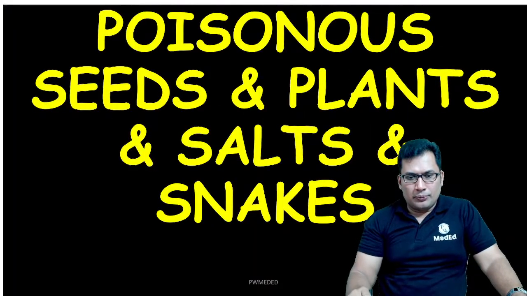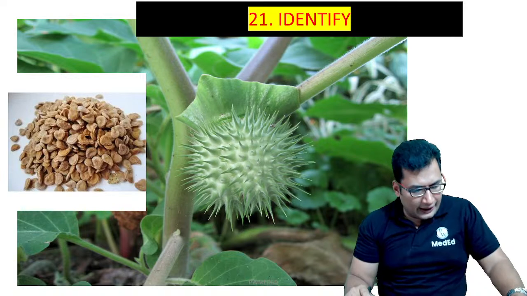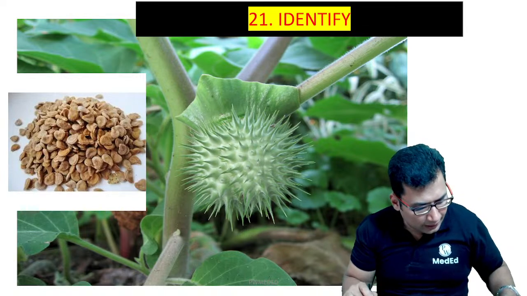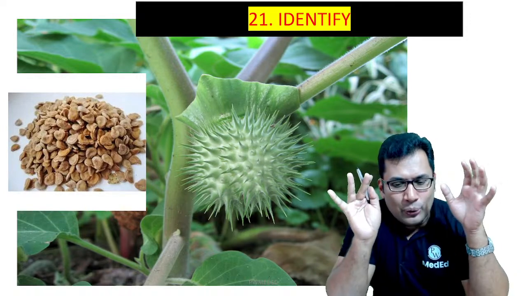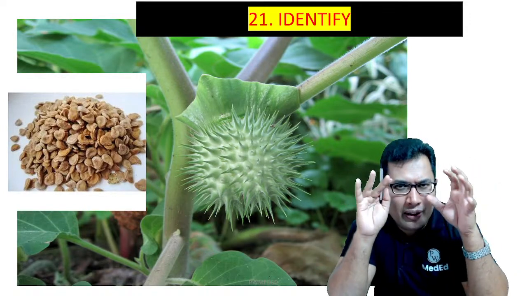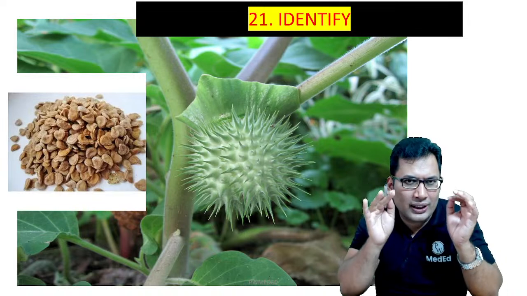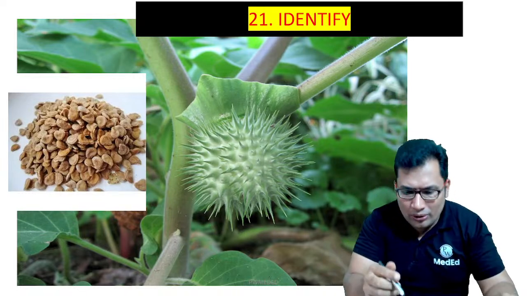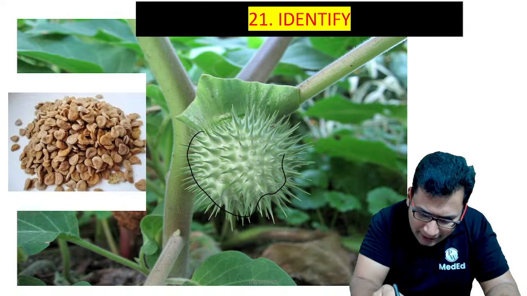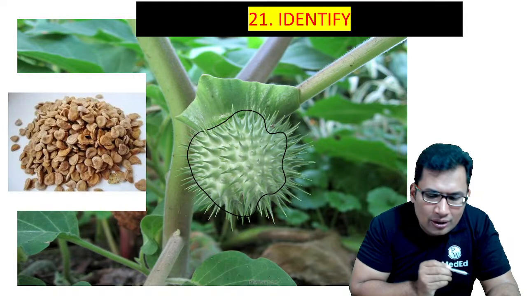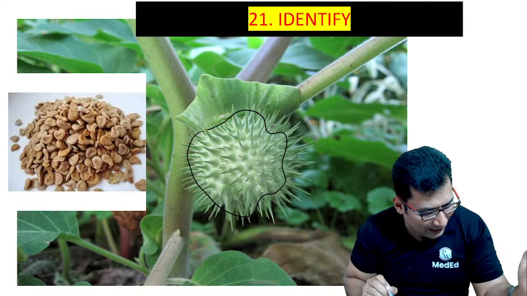Yes, all of you now interact with me. Look at this. There is a plant given to you in the exam, and the fruit contains some spiny projections. So what is this plant known as?